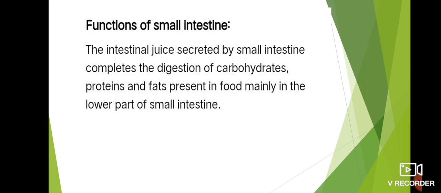The intestinal juice secreted by the small intestine completes the digestion of carbohydrates. This is the site where complete digestion of food takes place. It means complete digestion of carbohydrates, proteins and fats present in food mainly takes place in the lower part of the small intestine.